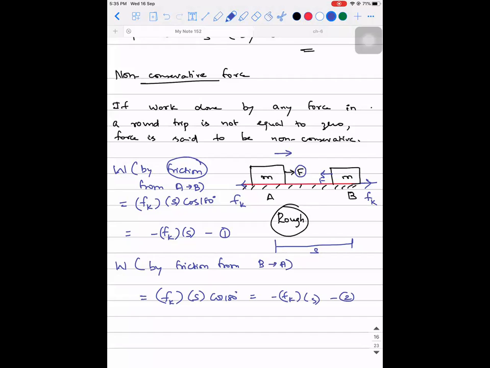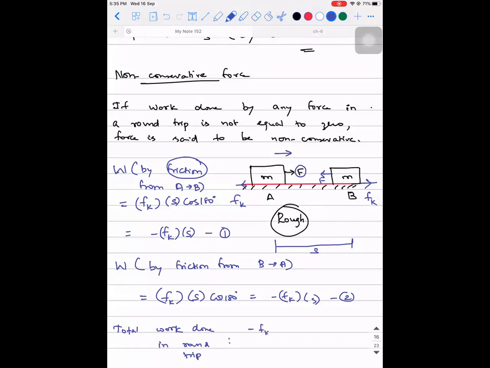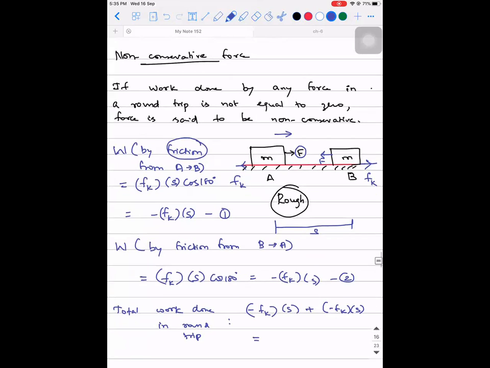Right. Now tell me one thing. What is the total work done in the round trip? Minus Fk S plus minus Fk S. Accepted? So this will be minus 2 Fk S, which is a non-zero value.